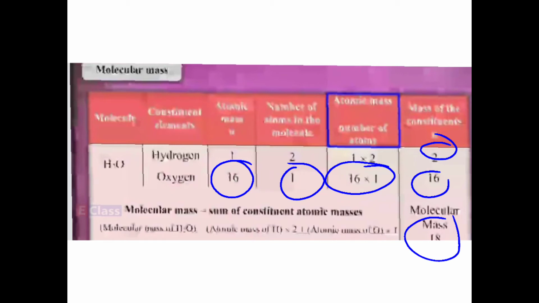For example, we knew hydrogen is 1 and oxygen is 16, so we were able to find the molecular mass of water, that is 16 plus 1 plus 1, that is 18, isn't it? So let us practice that. I hope all are ready with the notebook and pen. So let us solve it.